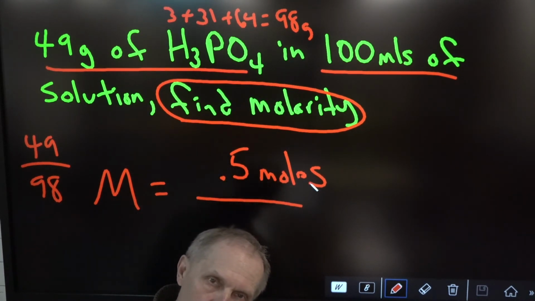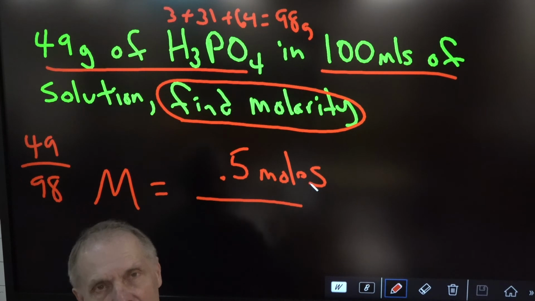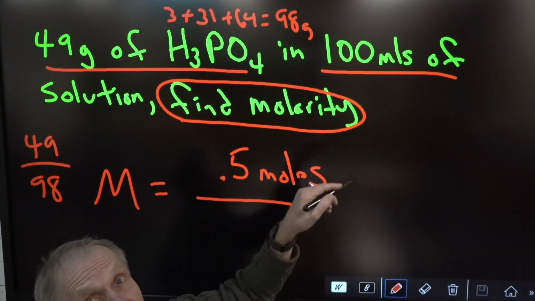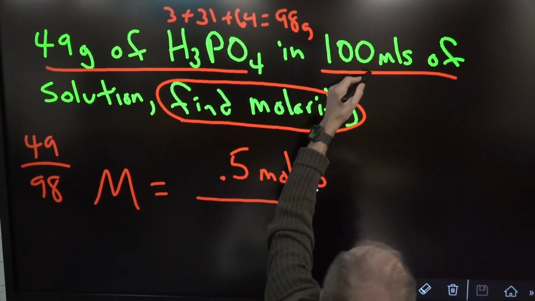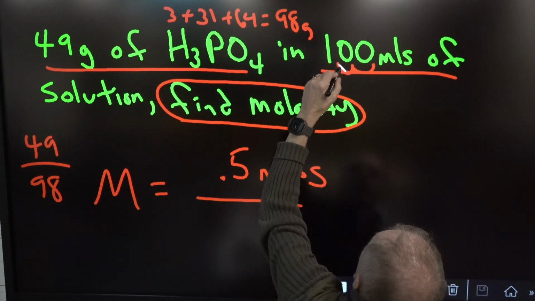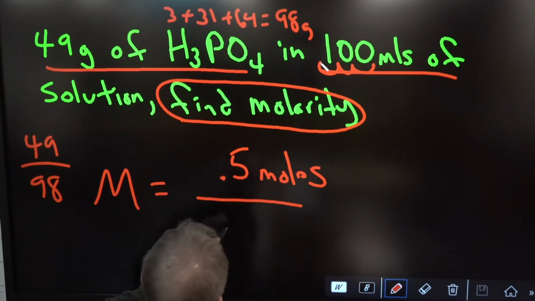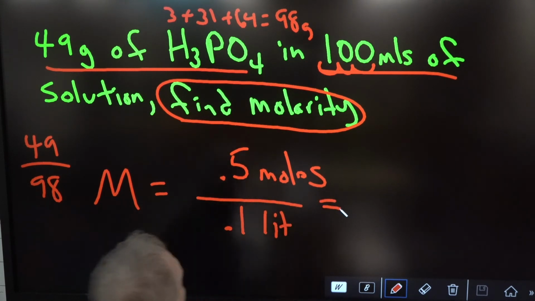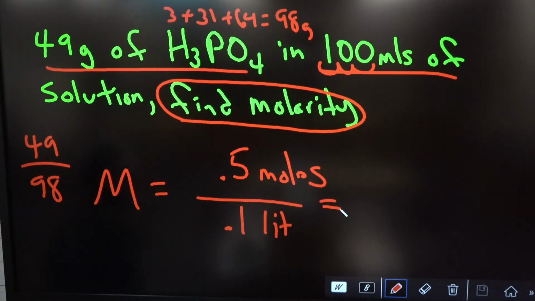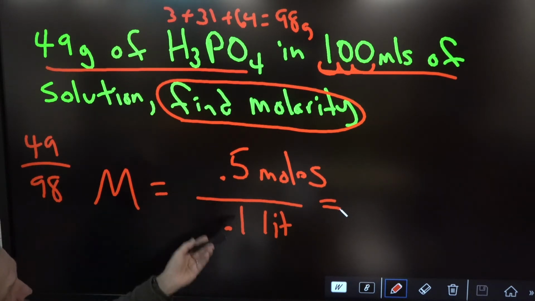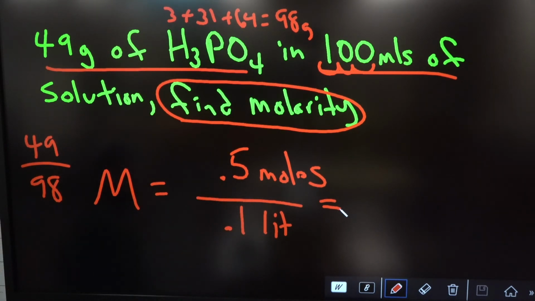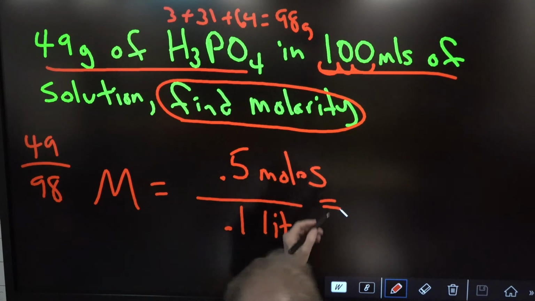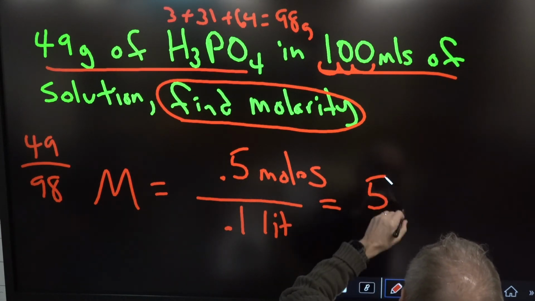Remember the way to do that, either divide by 1,000 or just move the decimal place 3 places to the left. 1, 2, 3. So I will have 0.1 liters on the bottom. So now 0.5 moles divided by 0.1 will give us 5 big M.